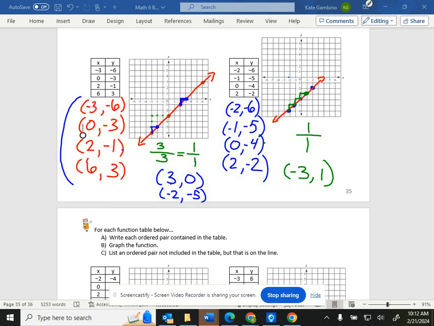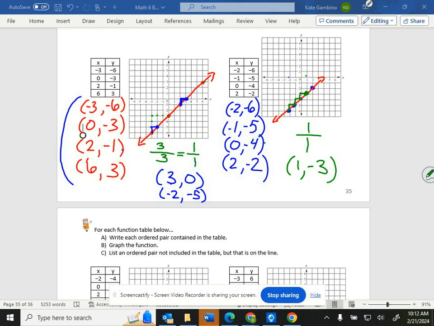Sorry, I wrote that backwards. I realized it as I started saying it. So this point right here is 1, -3. X, then the Y. So 1, -3 is on the line because the slope goes to it, but it's not already listed.